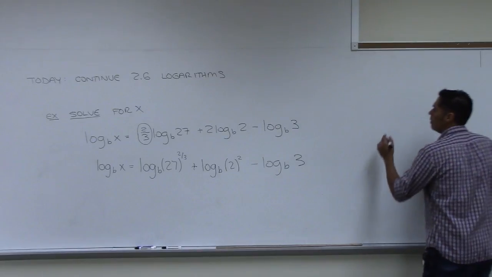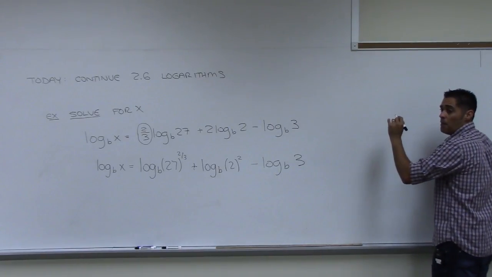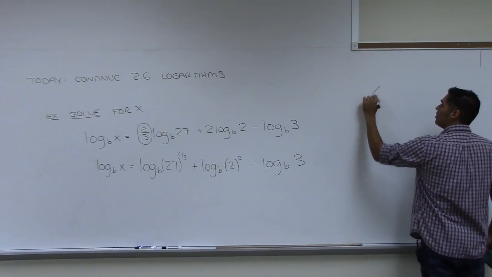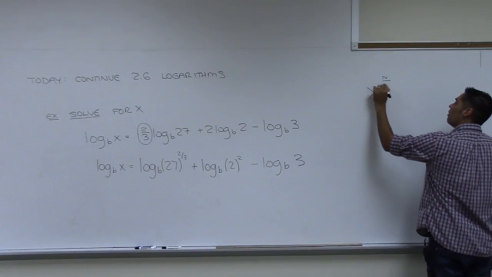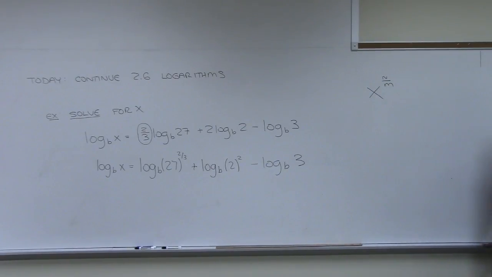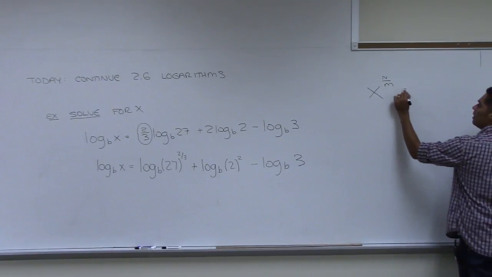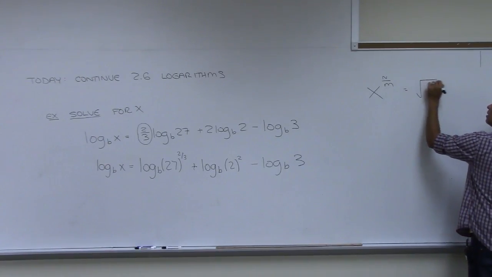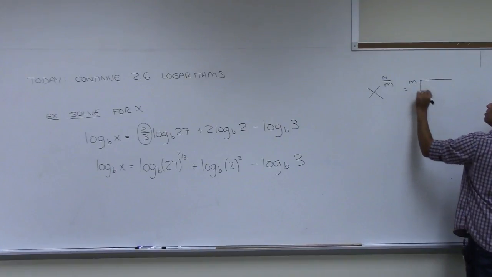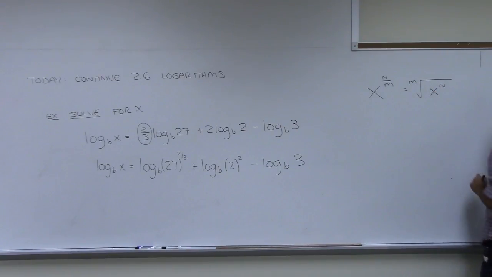No? All right, so let me put a property up here of exponents. If you have something raised to a fractional power, all right, x raised to the fraction n over m, this is equivalent to the mth root of x to the n.